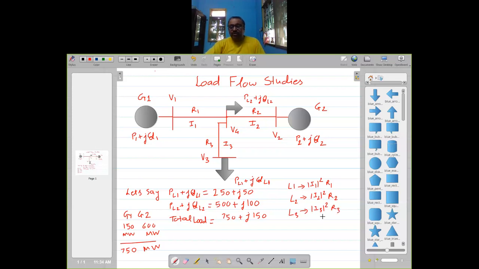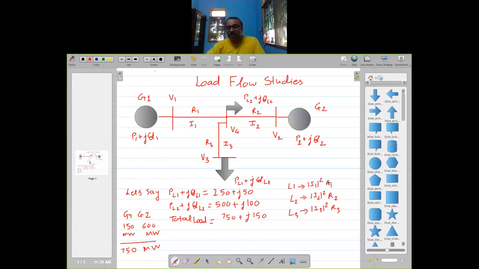Now please note that although R1, R2, R3 are small quantities, I1, I2, I3 are in hundreds of amperes. Let us say 200 amperes is the current here. So it would be 200 square, 2 into 10 to the power 2 whole thing square, which is 4 into 10 to the power 4, which is 40000 multiplied by whatever is the resistance.